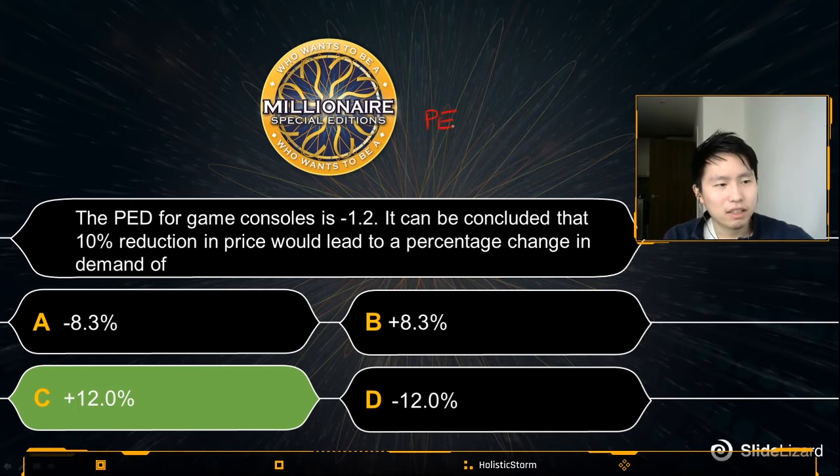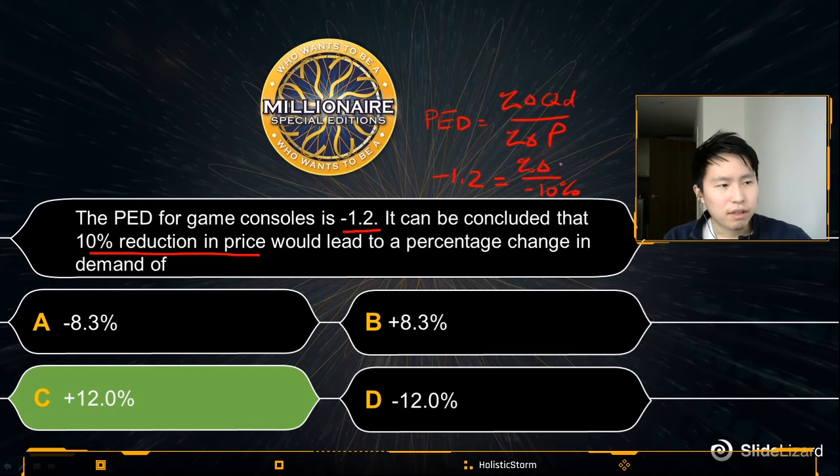PED equals percentage change in the quantity demand over percentage change in the price, right? So we know that PED is minus 1.2. And then we know that there would be a 10% reduction in price. So the percentage change in price down here would be minus 10%.